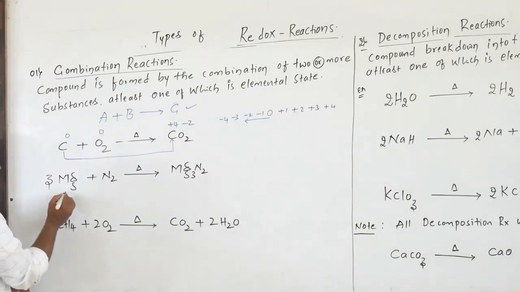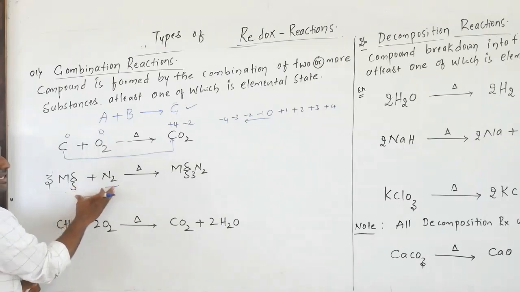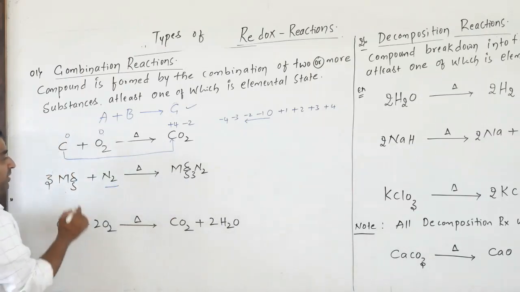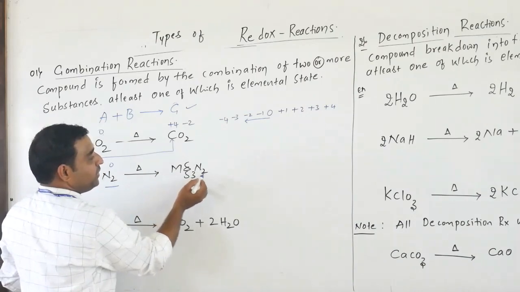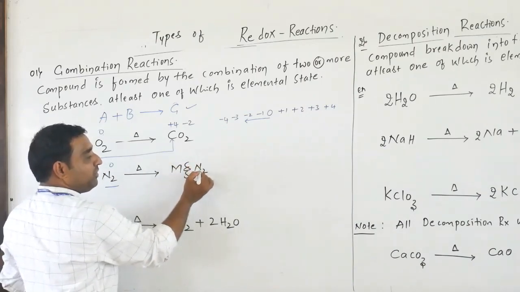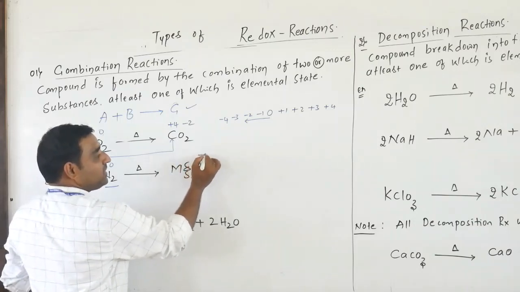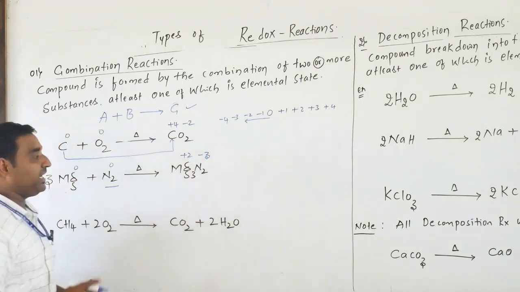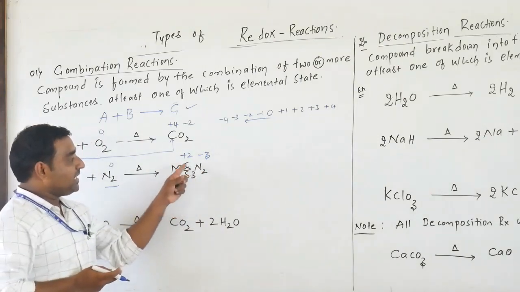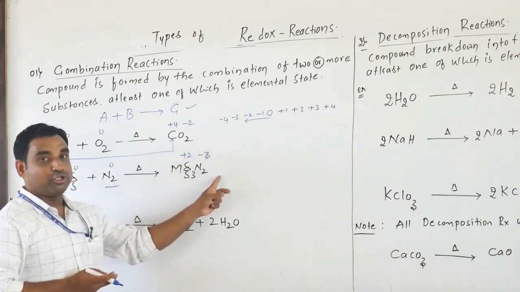You can take magnesium combined with nitrogen. Here magnesium and nitrogen combine to form magnesium nitride, Mg3N2. The oxidation state of magnesium is 0, elemental and molecular nature is 0. Nitrogen is more electronegative, hence it is minus, and magnesium will be plus. One nitrogen has a -3 charge, one magnesium has a +2 charge. Three magnesiums give +6, two nitrogens give -6, a neutral molecule.